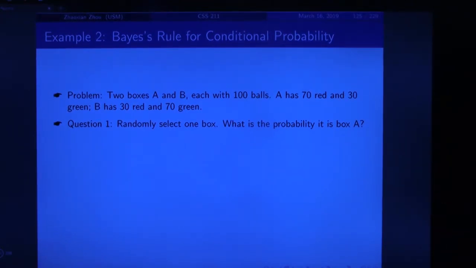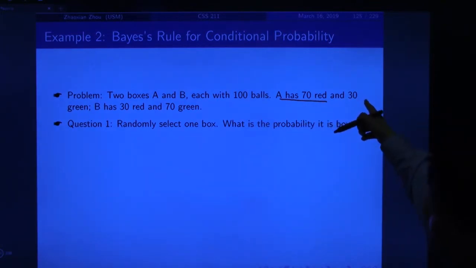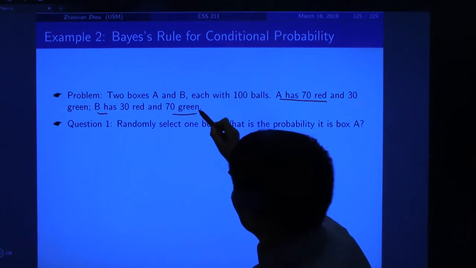Suppose we have two boxes, A and B, each with 100 balls. In box A, we have 70 red and 30 green. And in box B, we have 30 red and 70 green. So in A, we have more red, and in B, we have more green.